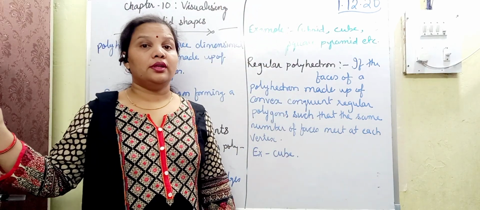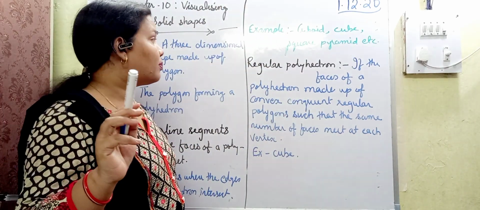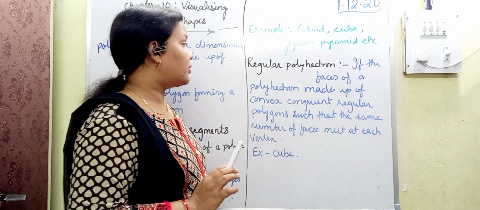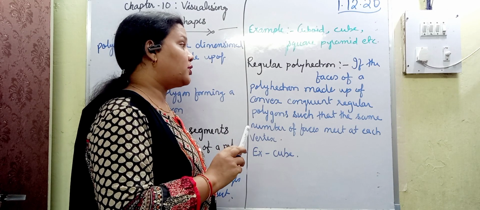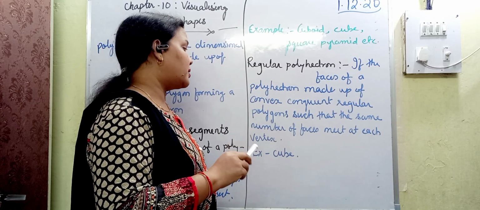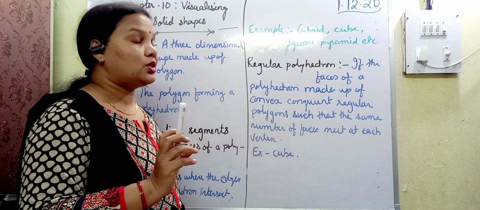Okay. Now next I am talking about regular polyhedrons. Regular polyhedrons are those polyhedrons whose faces are made up of convex congruent regular polygons such that the same number of faces meet at each vertex.